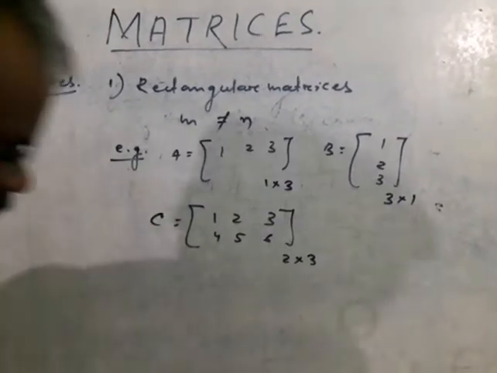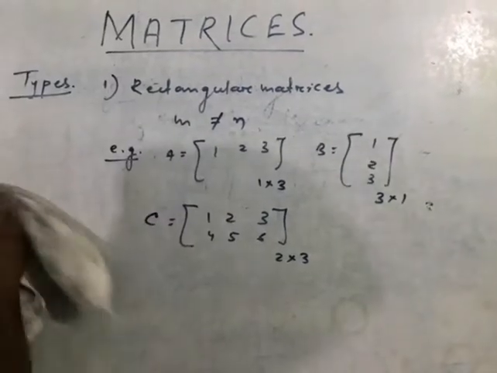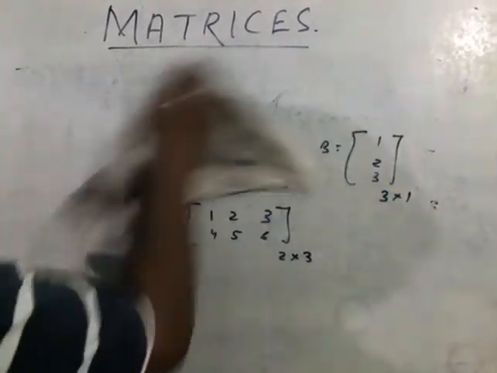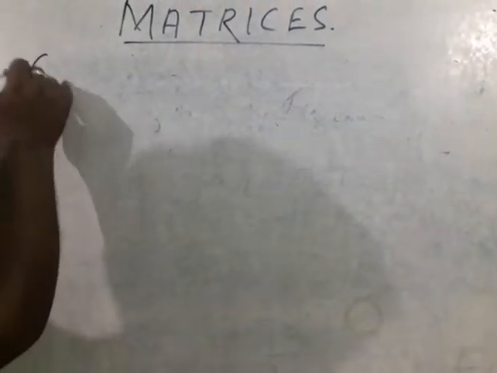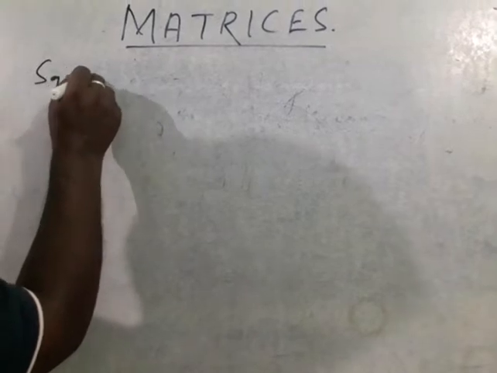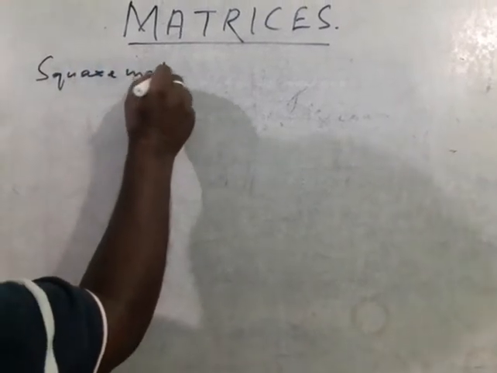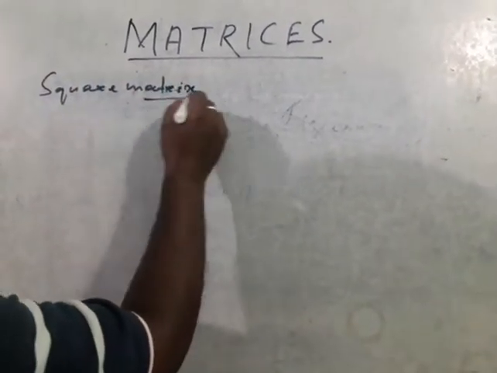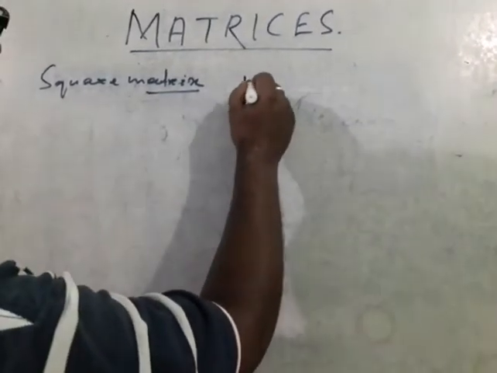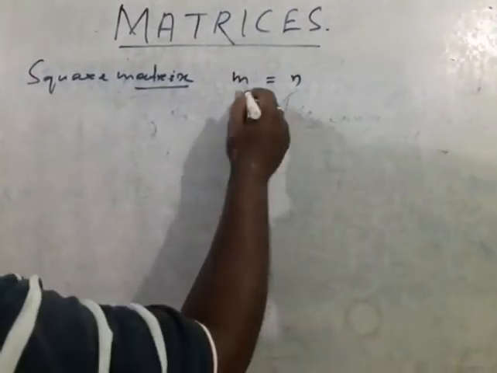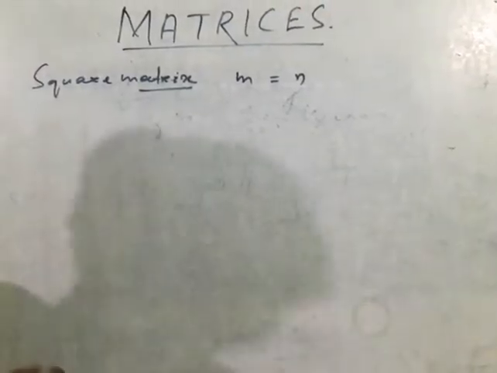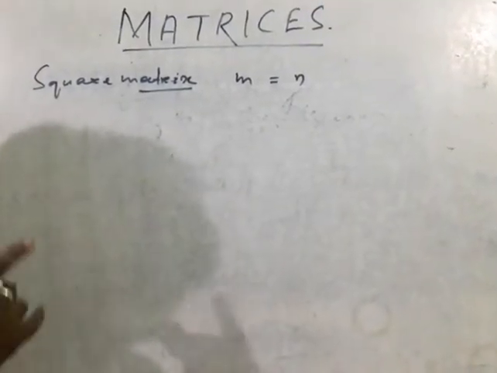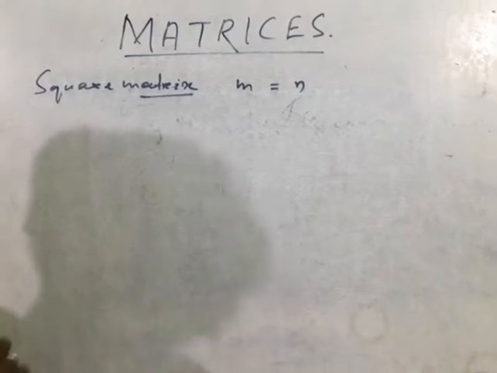Second one is the square matrix, where the number of rows m should be equal to n, where m and n are the number of rows and columns. If the number of rows and columns are equal, then we can say that this is a square matrix.